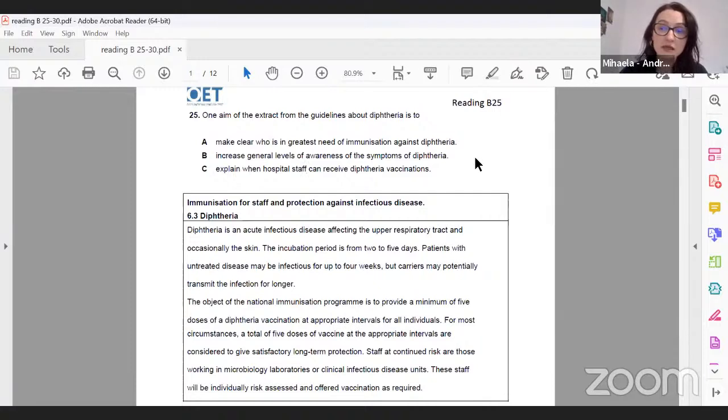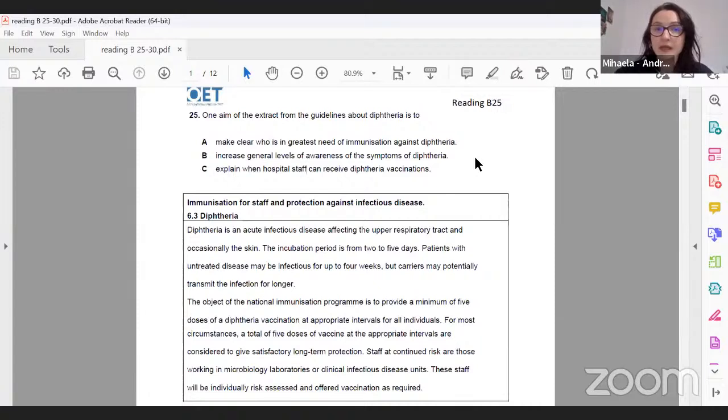Which symptoms? Do we have any symptoms? No, we don't. The text doesn't present any type of symptoms. Therefore, it doesn't increase the level of awareness of symptoms. So we have to eliminate B.